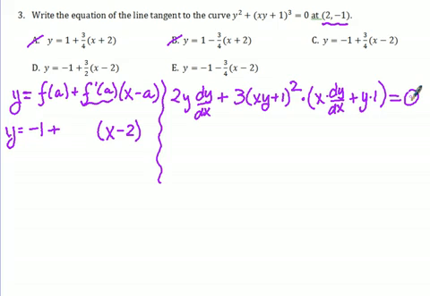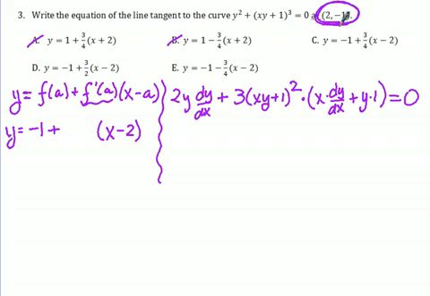Now normally on an implicit differentiation question at this point we would move all the non-dy dx terms to the other side and try to solve for dy dx. But this gets a little hairy because this whole term here needs to be distributed into these parentheses. So instead of doing all that algebra, remember that we have numbers for x and y.